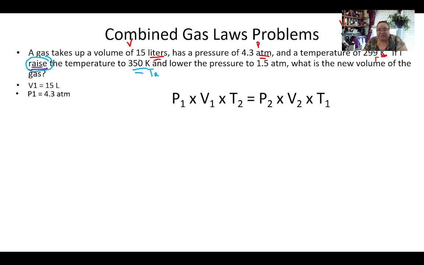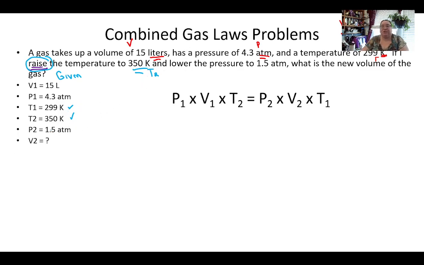So notice a good strategy for solving these type of problems is to quite literally list the information that you were given in the problem. Once you've listed your information, verify that your temperature is in the right unit. It is. So now we can actually go through and rearrange the equation to solve for V2.